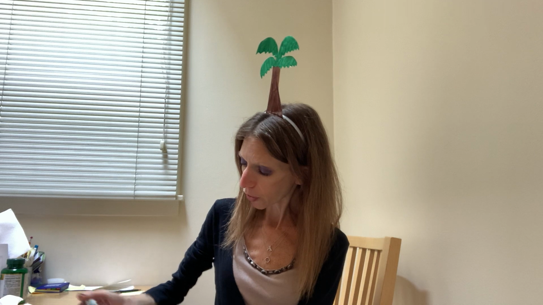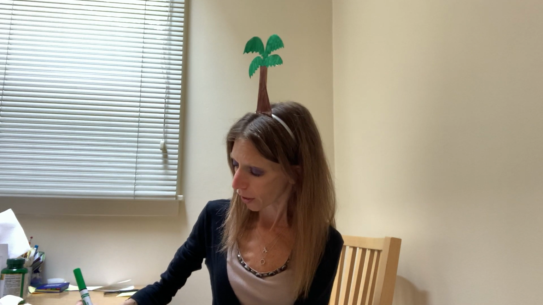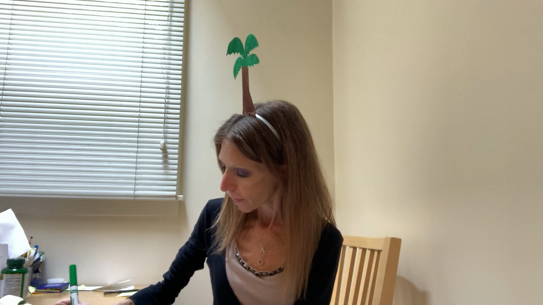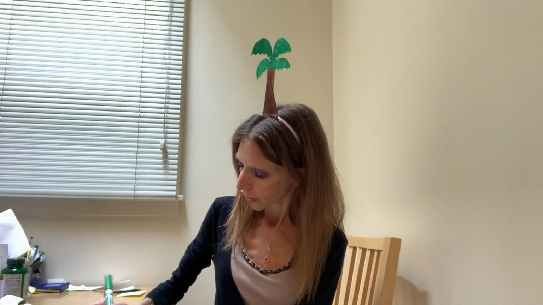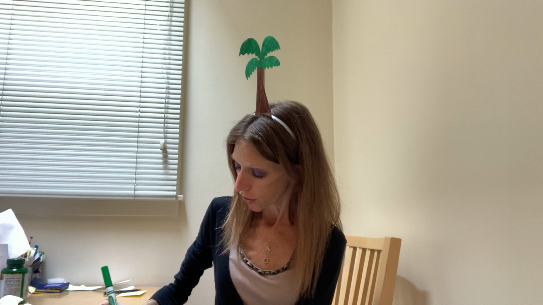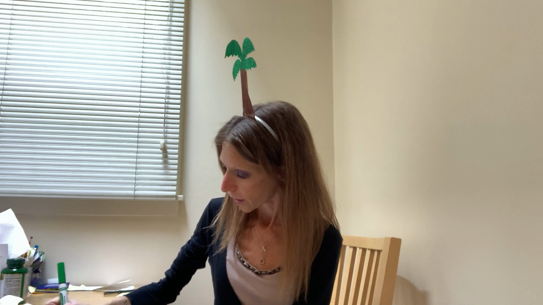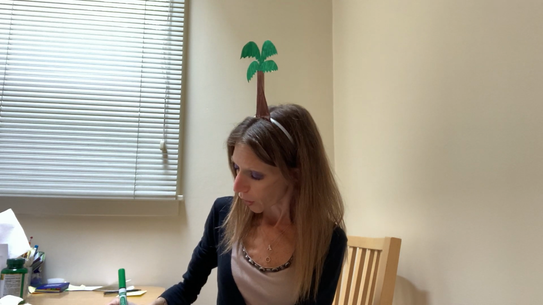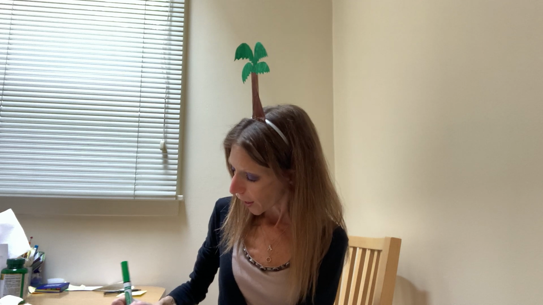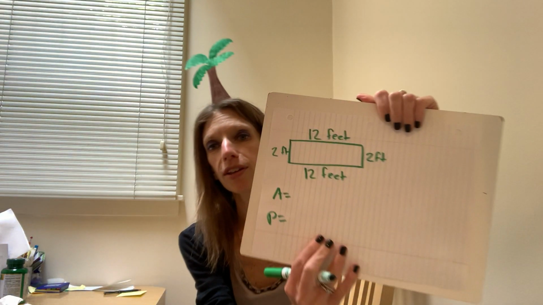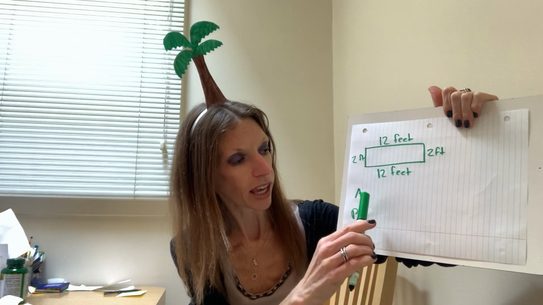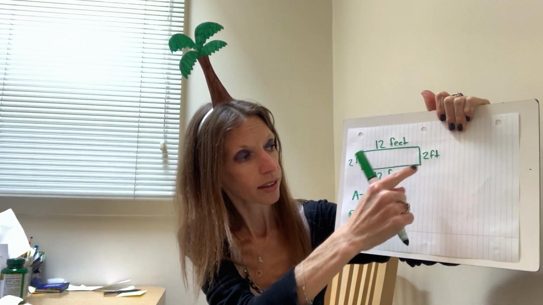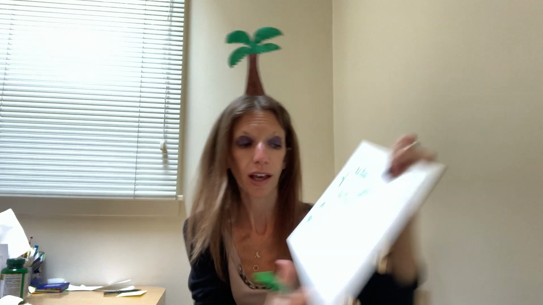Okay, now I'm also going to do a little bit different of a label. I'm going to go 12 feet, 12 feet, then I'll say, I'm going to make this one easy, 2 feet, 2 feet. So I want the area and the perimeter of this rectangle, okay? So we're going to find the area by doing L times W, length times width.